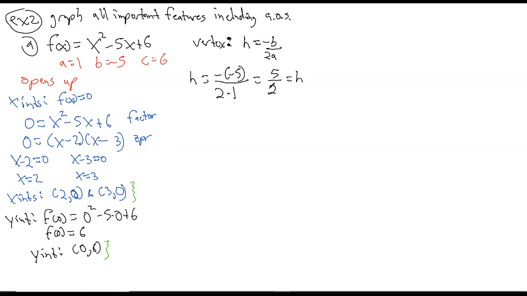Now we have to find k by plugging this in, because k is f of h, which is f of 5/2. And here's where you get frustrated because you're plugging in a fraction. You've got some fraction math to do.